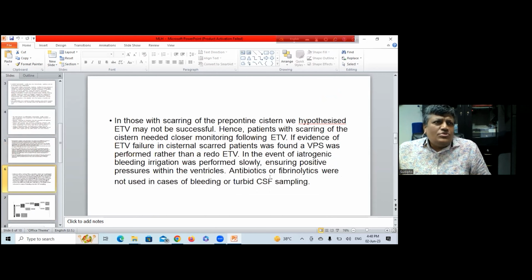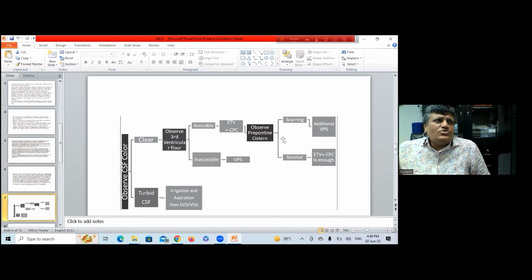After that we may do a VP shunt or other shunt procedure later. This topic is already published in a renowned article.